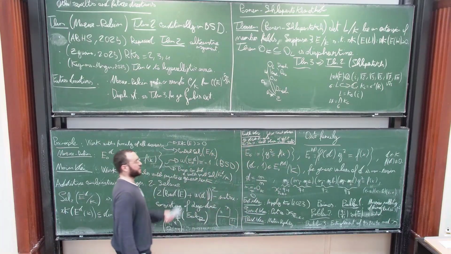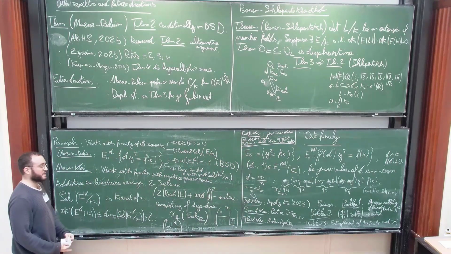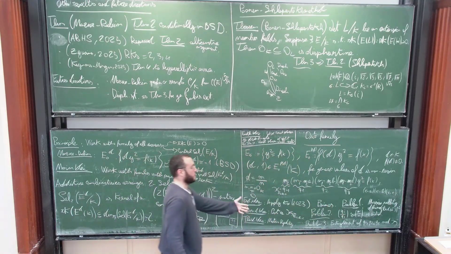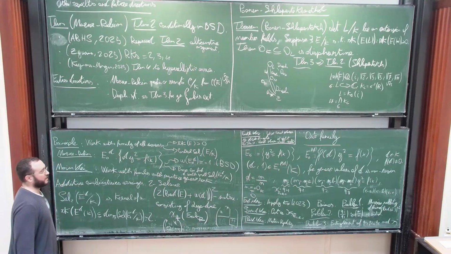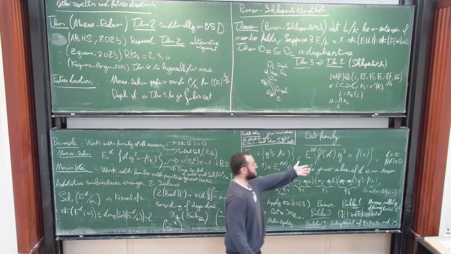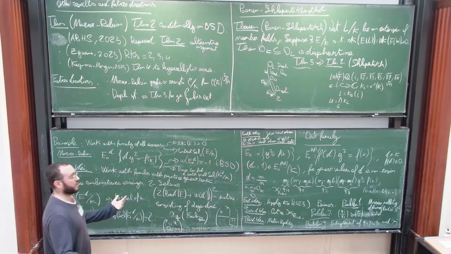So that's how you can get rid of this funny assumption of the 32 real places, but the main role of that assumption in that work was exactly at this stage of the proof. And yeah, then you make your Selmer small, the rank is positive generically, and you're done.